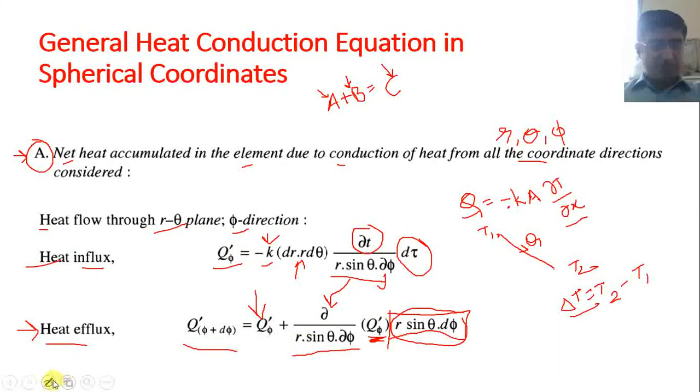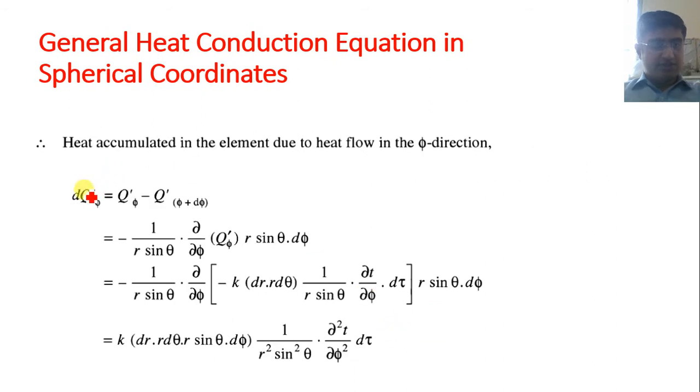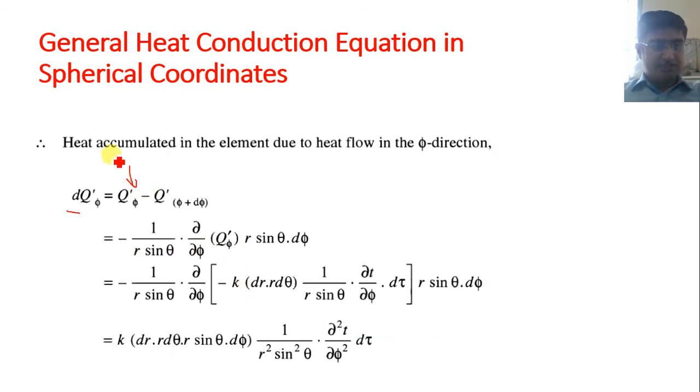Now further solving, here is q phi plus d phi, which is equal to q phi plus the rate of change of q into r sine theta del phi and into the r sine theta d phi thickness. Now the net heat accumulated in the phi direction is given as input minus output. Here is the input, here is the output.